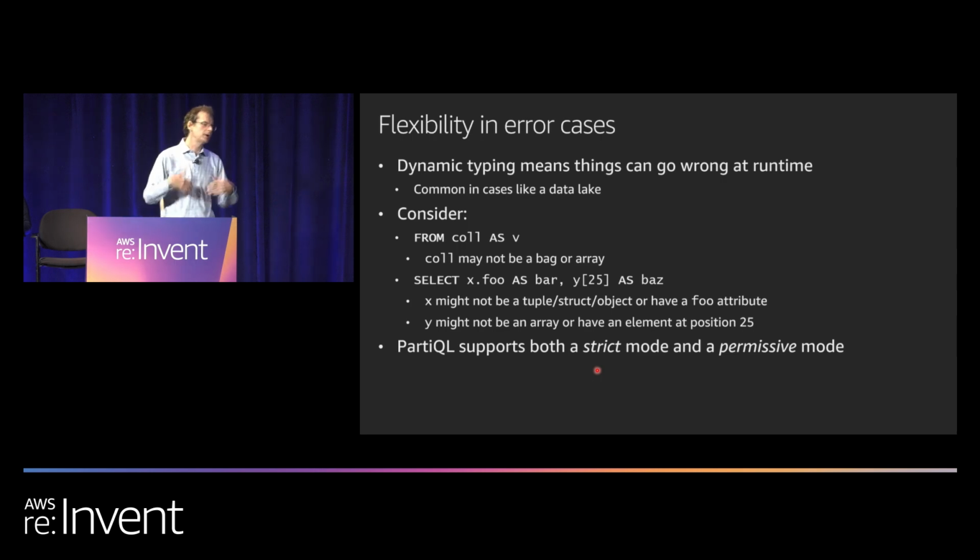And what happens to a where clause that eventually evaluates to a null? It behaves like a false. So the very first thing that the permissive mode allows you to do is run queries on big data without these queries failing.